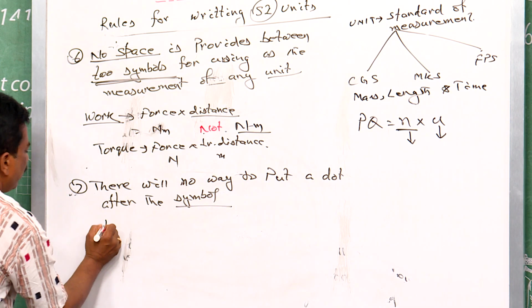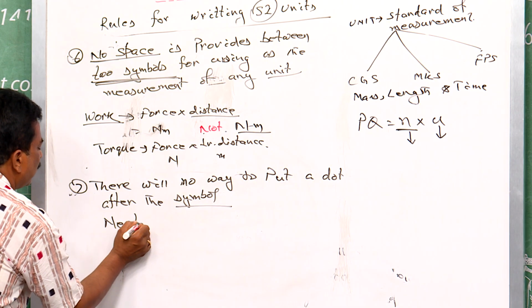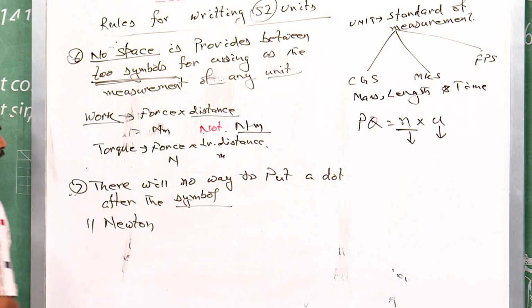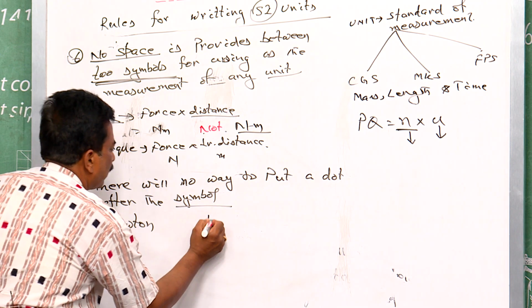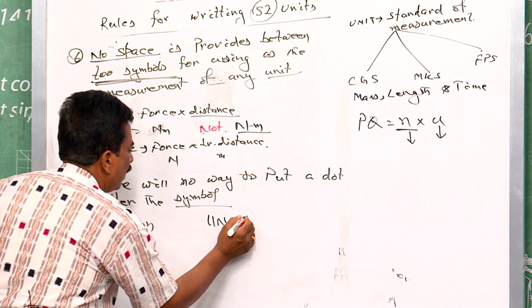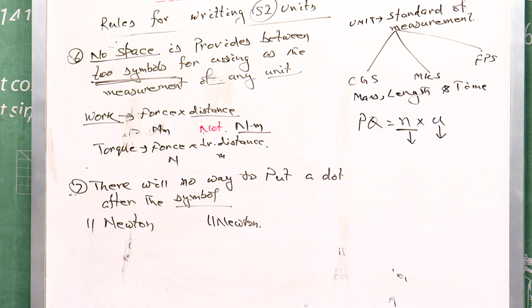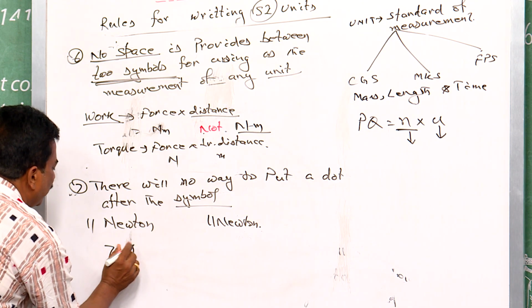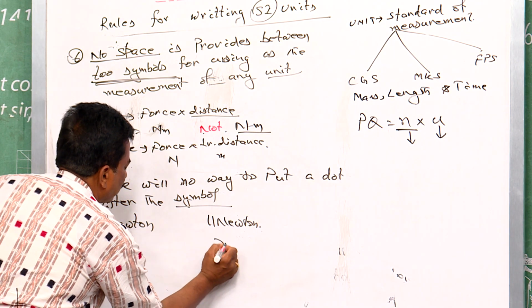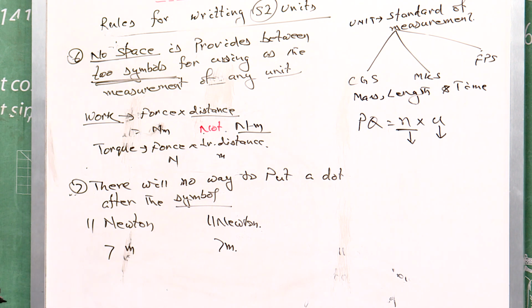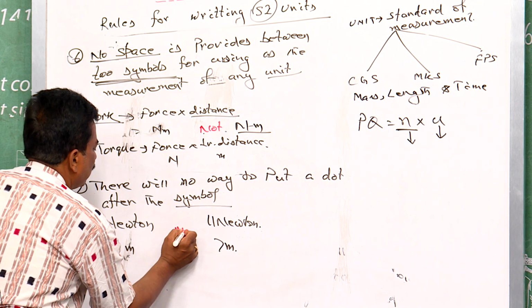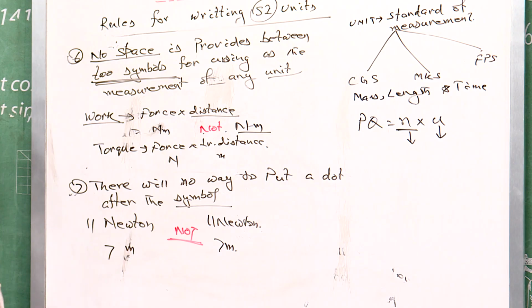Meaning if Newton is written, suppose it is 11 Newton, it should not be 11 Newton dot. If it is 7 meter, it should not be 7 meter dot. So, these are the 7 points you have to follow.